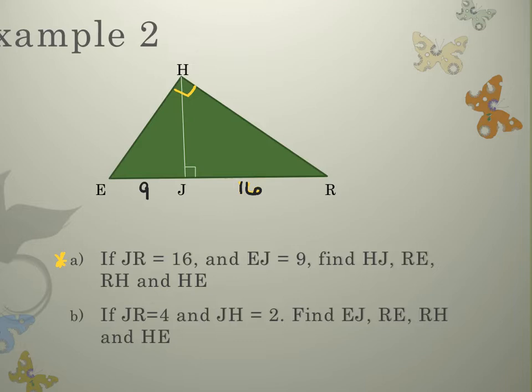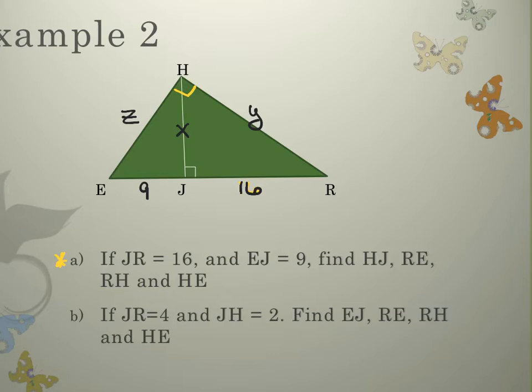I'm going to add some variables in here just to make it easier when I write out my proportions. So I'm going to say my altitude is x. This leg over here is going to be z, and this leg will be y.